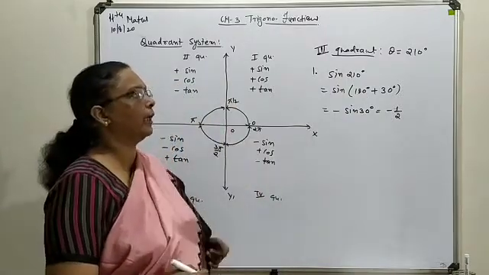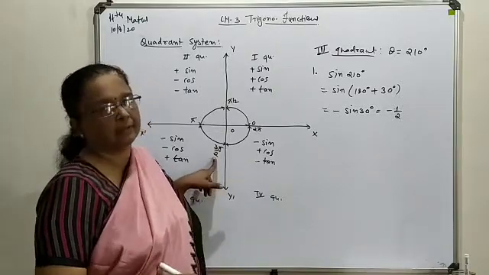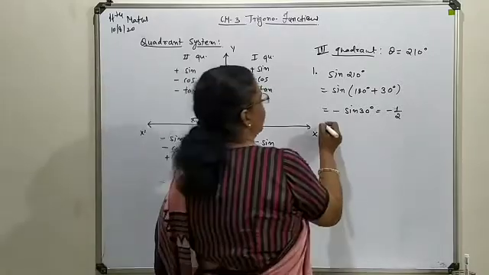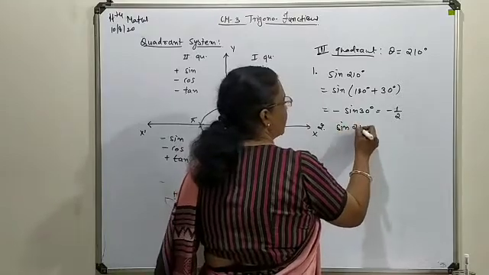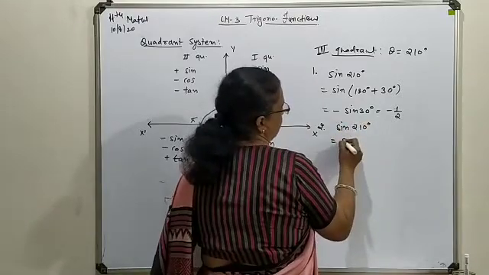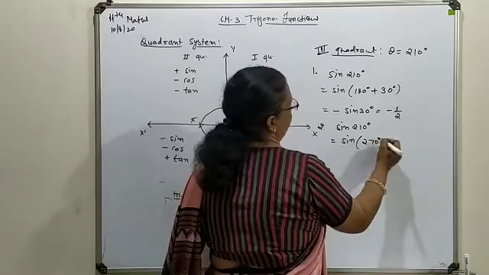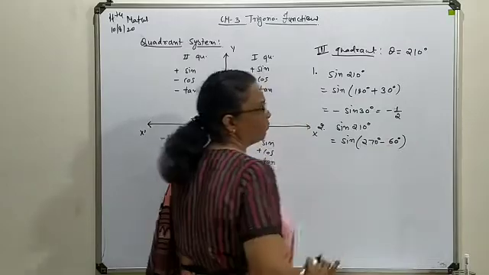Another way to write sine 210 is as 270 minus 60. That will also give you the same solution. So another way to write sine 210 is sine of 270, or 3 pi by 2, minus 60. Again it will give you 210 only.